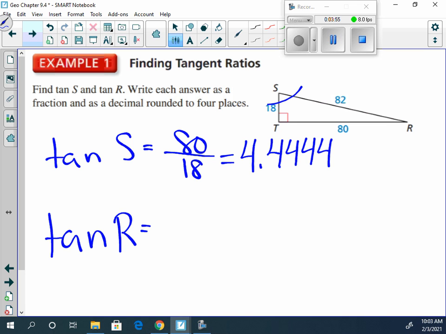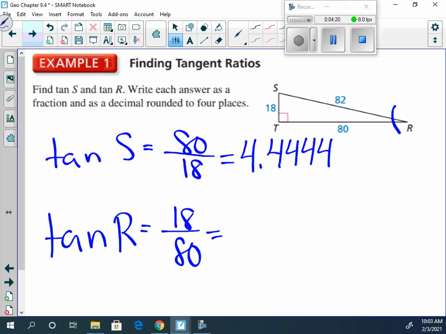Now let's look at R. Tangent of R. To our other side. Yes, it'll be 18 over 80. Because the opposite and adjacent side did what? They switched. Since we switched the angles, the opposite and adjacent side flipped.